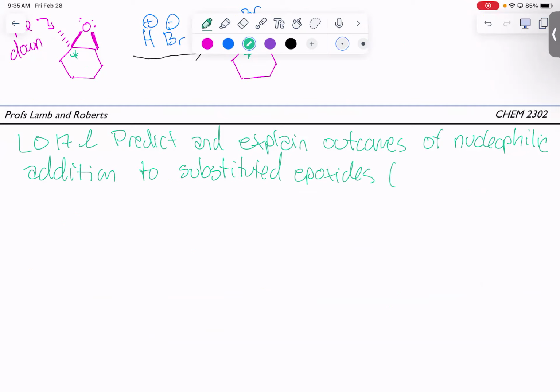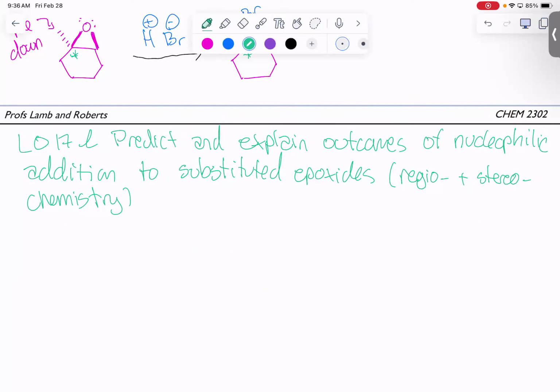Right? And when we're talking about the outcomes, we're specifically saying regiochemistry, which is where we react, and stereochemistry, which has to do with our stereo centers. All right, so we're looking for both. Where does it attack and does it invert or not?